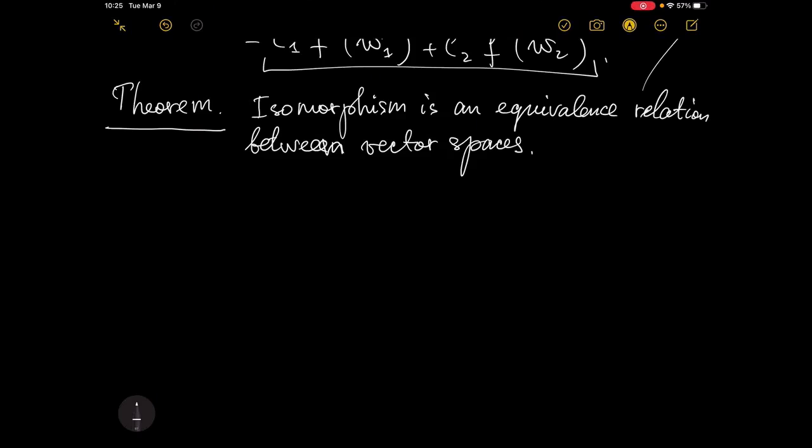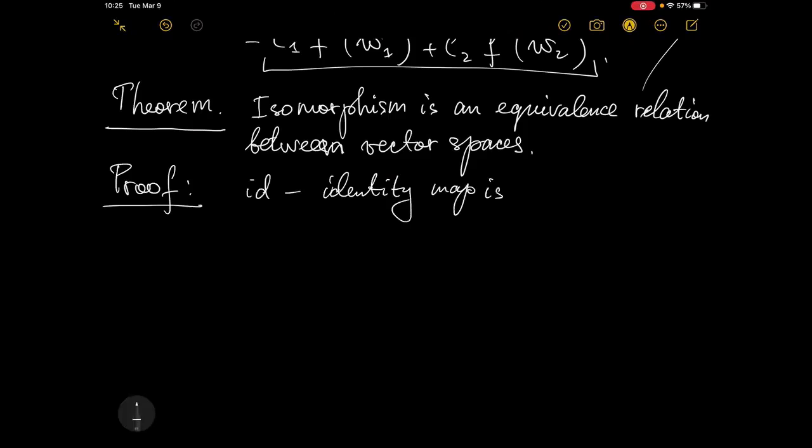Reflexive means that any vector space is isomorphic to itself. All we need to do is show that the identity map is an isomorphism.